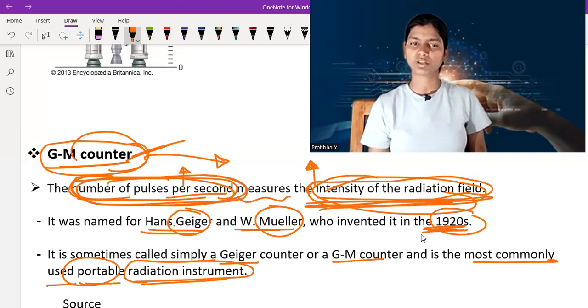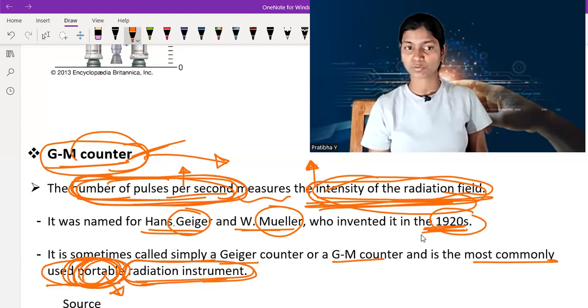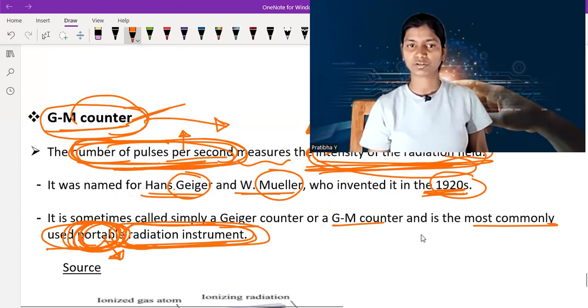Remember, portable. Many other instruments are commonly used, but it is the most commonly used portable radiation instrument, and it measures radiation based on the pulse. Its name is based on two scientists, and we simply call it a Geiger or GM counter.